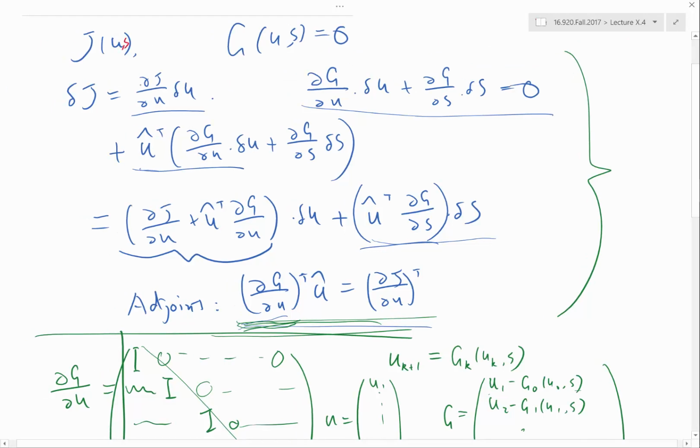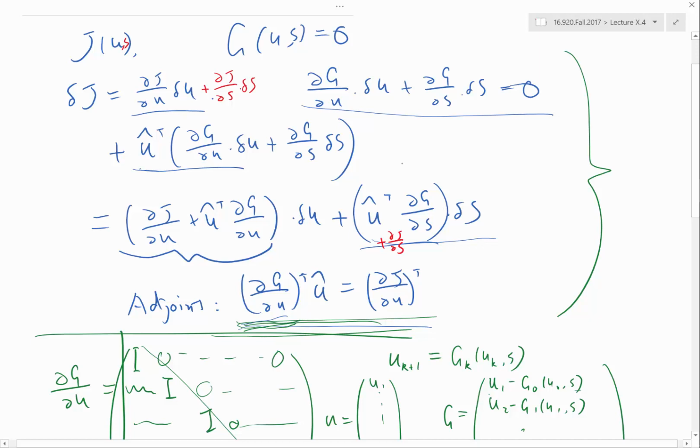Okay, so then delta J would be this plus partial J partial S times delta S, right? And when I keep deriving, I would just carry this term. So I would just add a partial J partial S inside this.